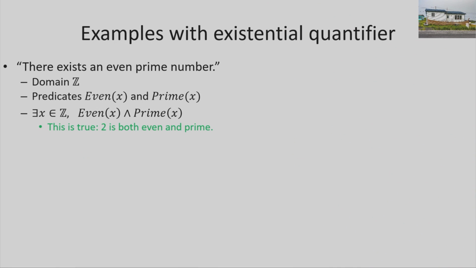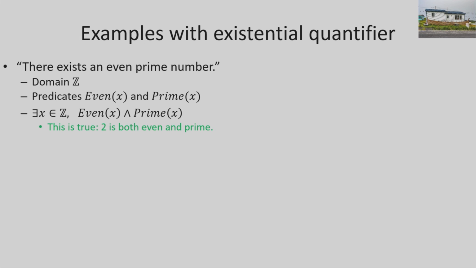So let's do some examples. Let's write down a formula for there exists an even prime number. Say our domain is integers. Well, it has to be numbers, and we usually talk about even and prime for integers. And we have predicates even and prime. So here's our formula. There exists an x such that both even of x and prime of x.